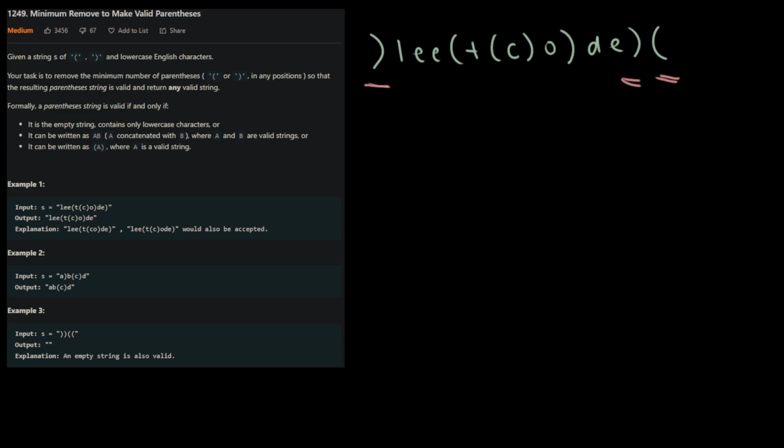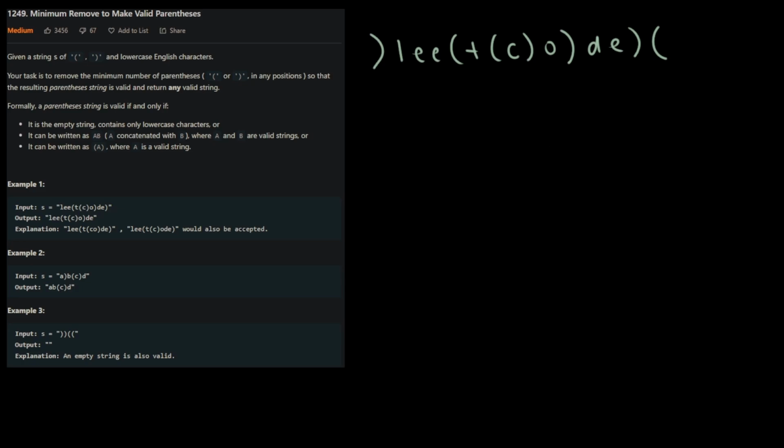However, in Python, string splitting takes O(n) time, and because we're already traversing through the whole string once, doing that splitting every single time we encounter invalid parentheses would lead us to a time complexity of O(n^2).